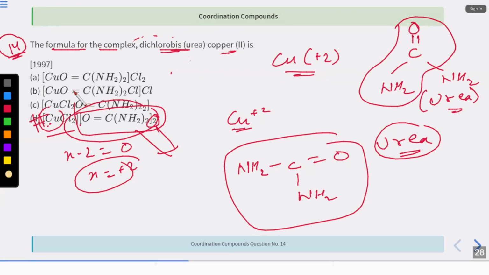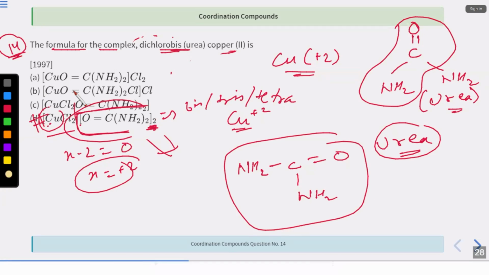So di is used for compounds like chlorine, but when there is a subscript in a complex compound like here, then we use bis, tris, tetra, these types of words instead of di. So if you know the formation of urea, then you can easily solve this question. Again, an easy one. If you have a hold of the entire chemistry, then you can easily do this question also.